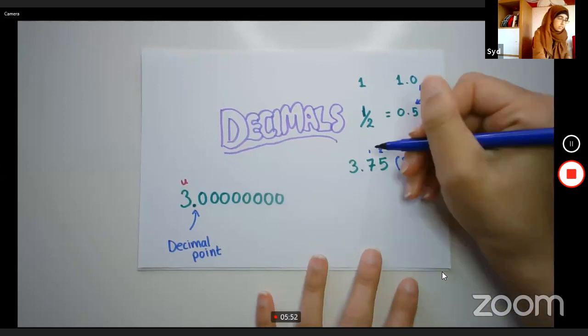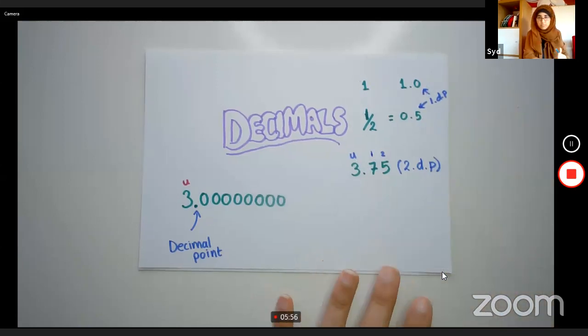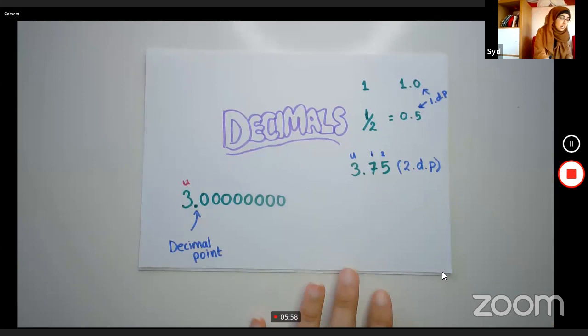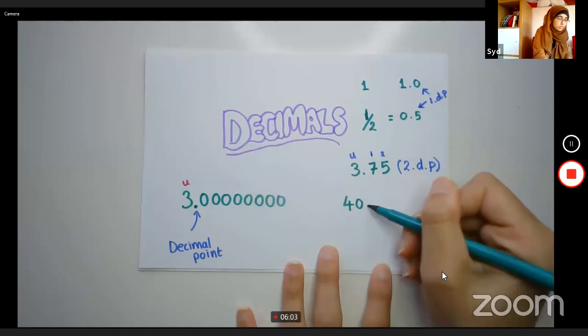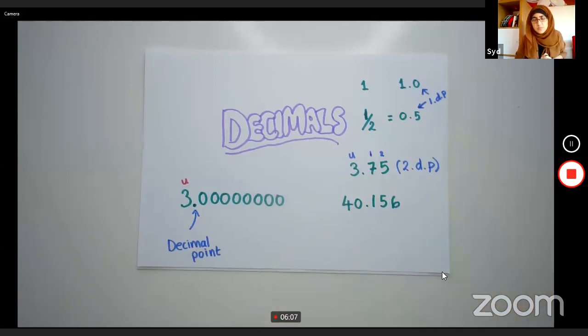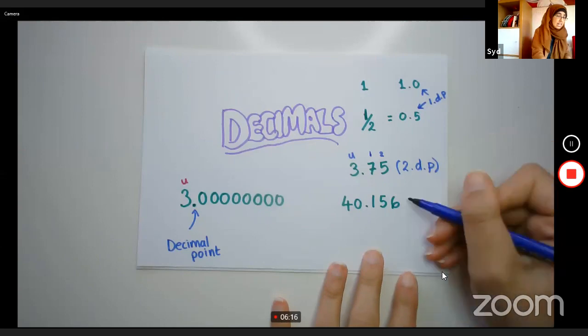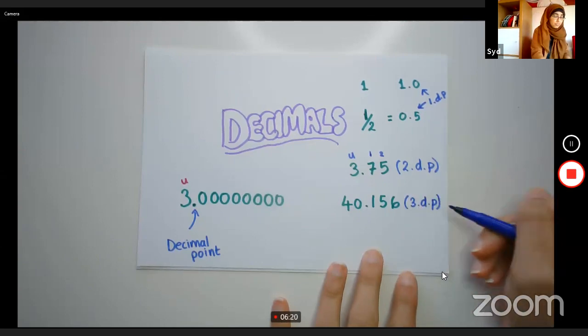Okay, this is a unit, and then these are decimal places. Okay, and let's have another number. 40.156. How many decimal places do we have now? Let's have a look. 1, 2, 3 decimal places. So I can write this as 3 decimal places.